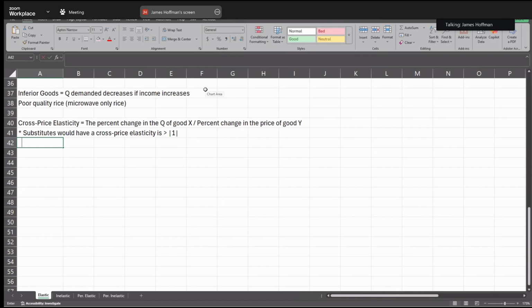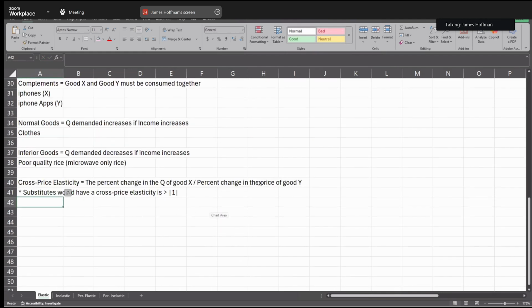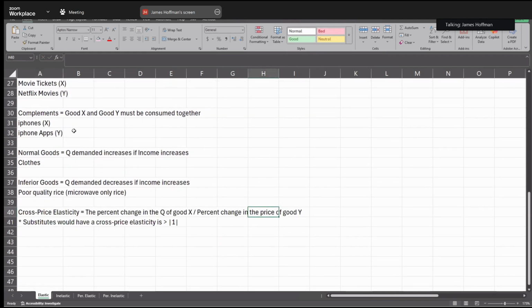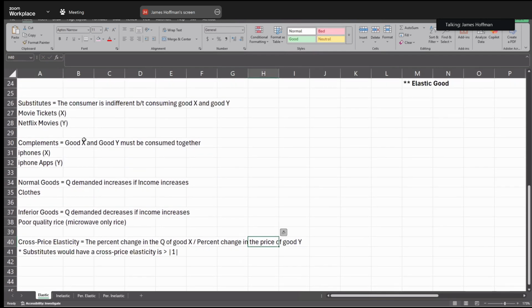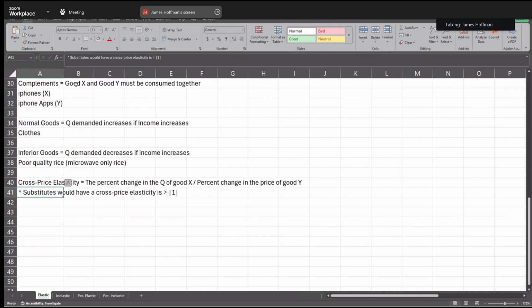And then complements, you would think that, or actually, I'm sorry, that this will only mean, so it would only be like a negative positive. So essentially, if they're substitutes, if this goes down, this goes up, right? So substitutes have a cross price elasticity that is positive, right?